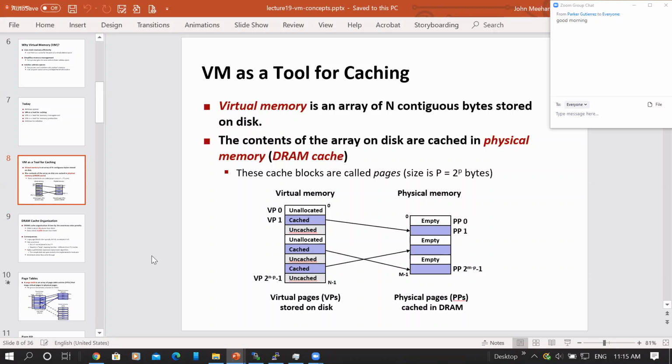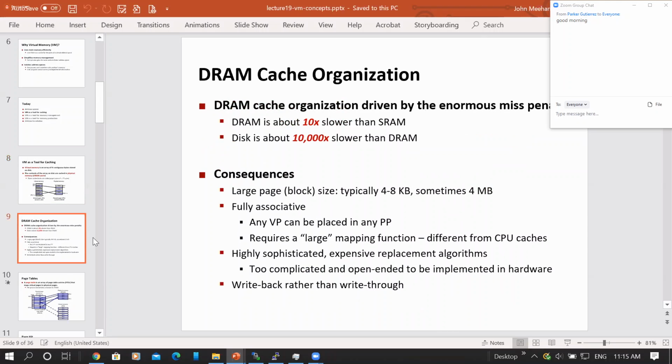And it's also the case that it would be a write back as opposed to a write through style cache, because I'm not going to write anything from the memory back out to the disk and incur this 10,000 times slow penalty, right? Unless I absolutely have to. So I'm not going to do any write through kind of stuff where you constantly are pushing things down to the lower level of the cache.